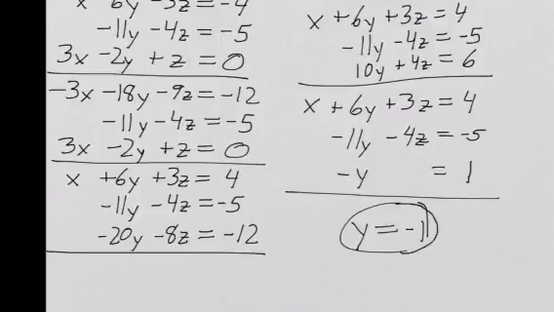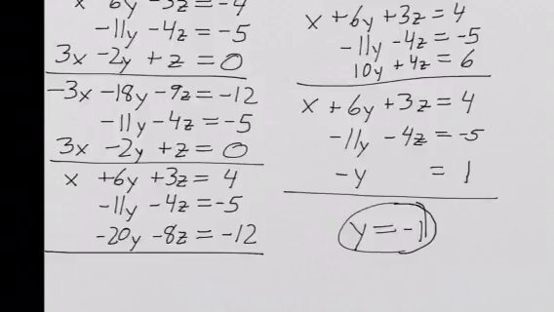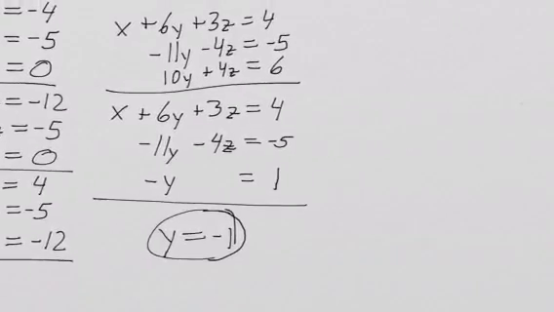And now we could redo the elimination method to get all the other variables by themselves. There's no need to do that. We can at this point go ahead and use what's known as back substitution. So I'm going to plug the -1 in for y in the second equation.